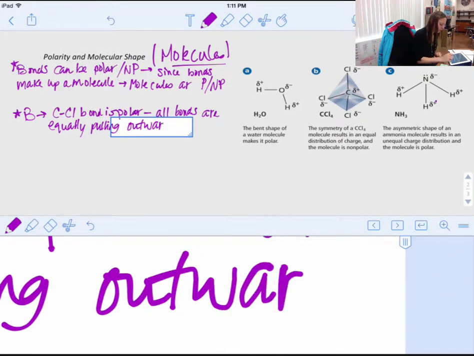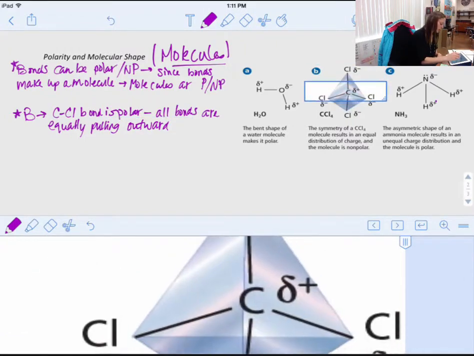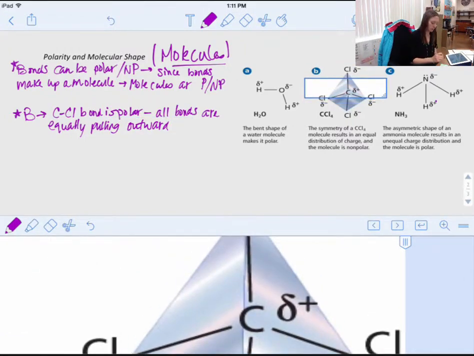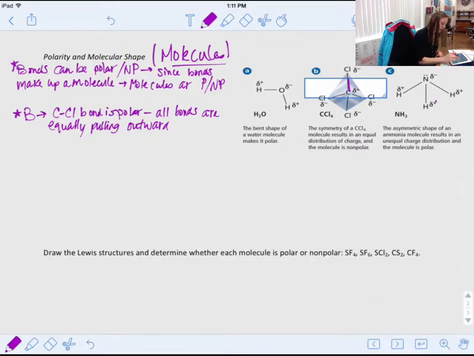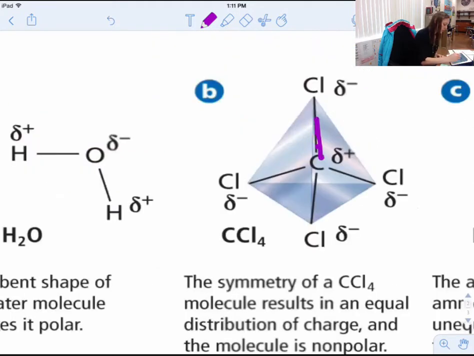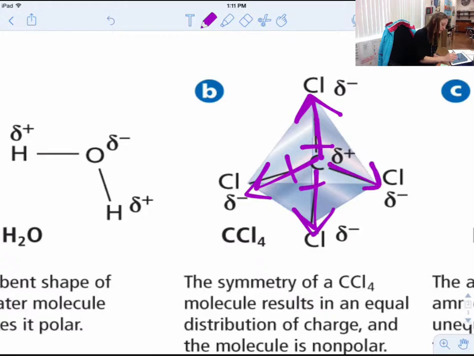How do I know they're pulling outward? Because chlorine is more electronegative than carbon, so all of my electrons are going to want to go out towards the chlorine. Everybody's pulling, and all the angles are the same from that lovely symmetry of the tetrahedral we looked at last chapter. Everything's pulling the same, so it all cancels.